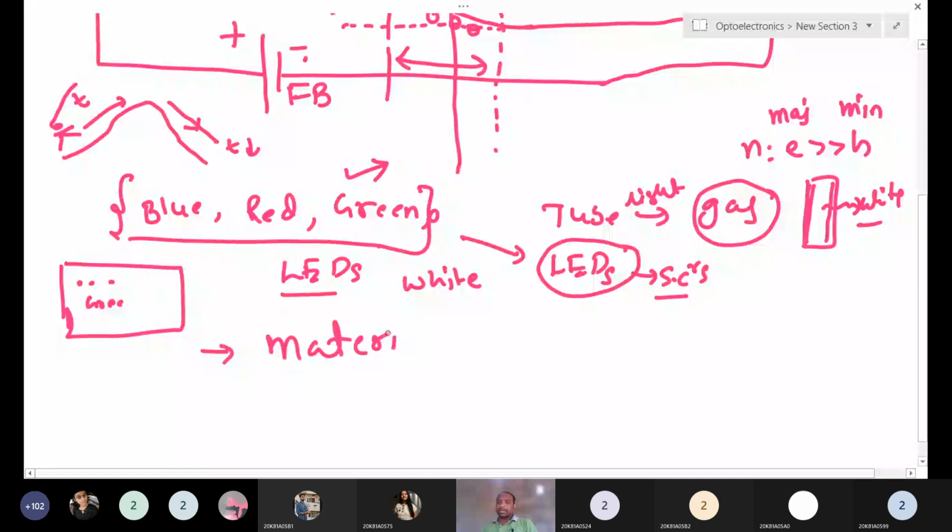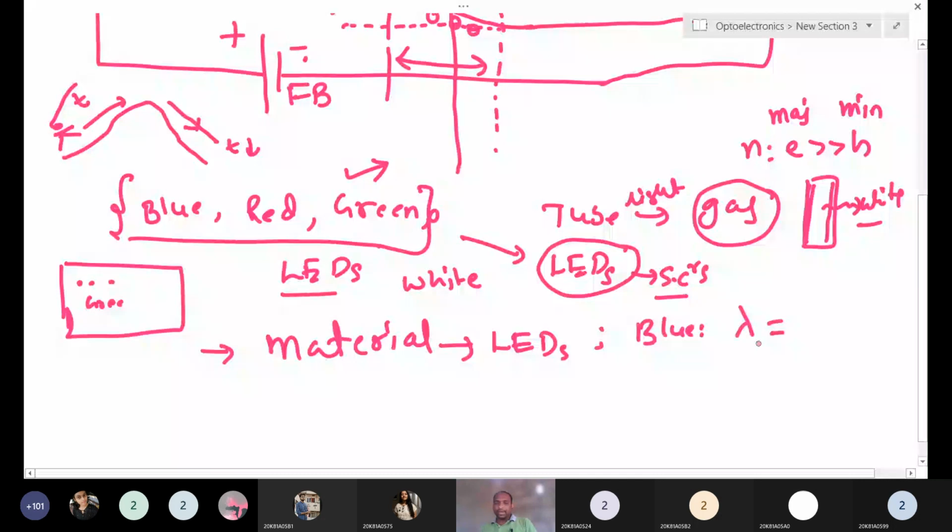In the case of nanometers, this is 10 to the power of minus 7 meters. Whatever you can take, meters or nanometers or micrometers or angstrom, whichever is the convenient way. So here it is about 430 nanometers for blue color.